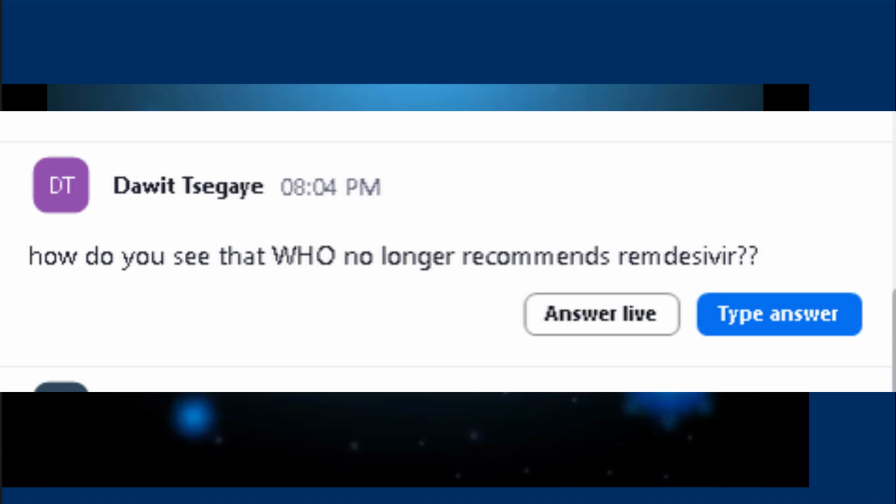Remdesivir will end up in the secondary or second line medications. But still, experts recommend giving remdesivir in COVID-19 ARDS.